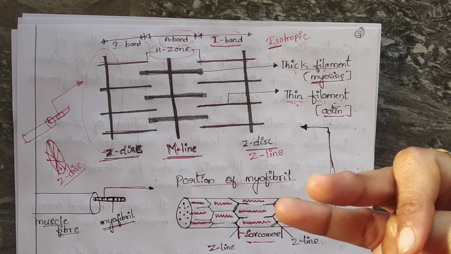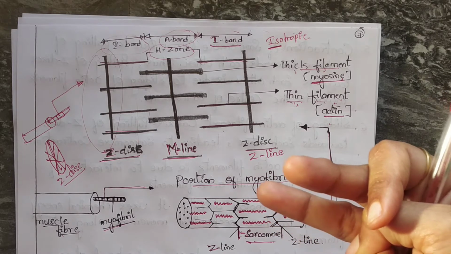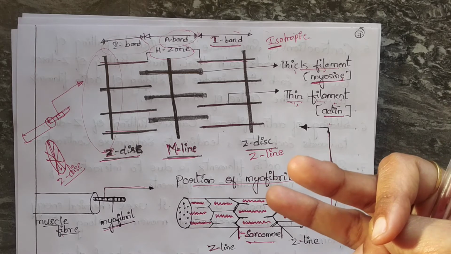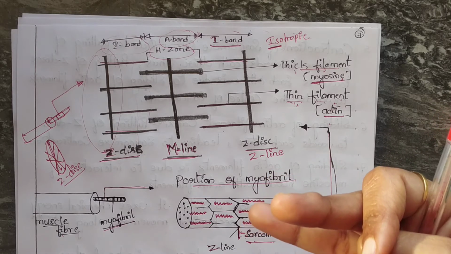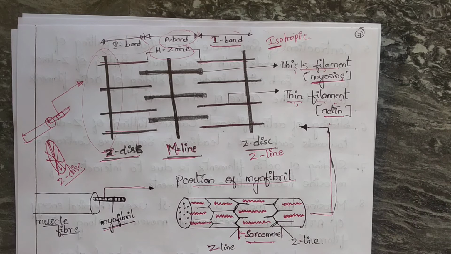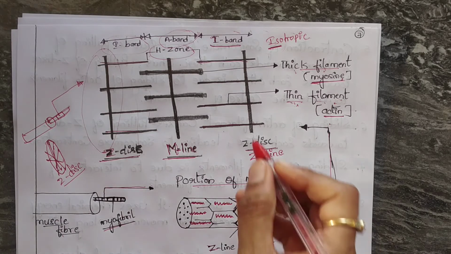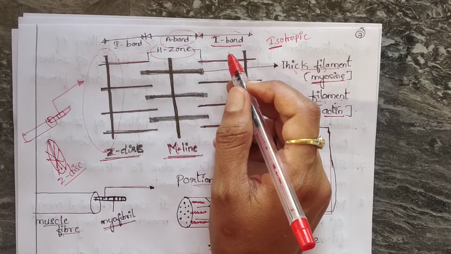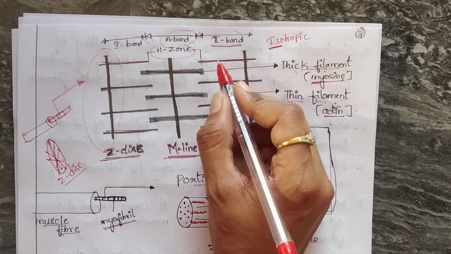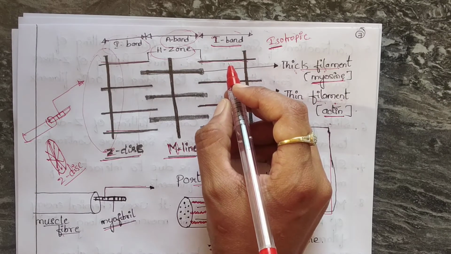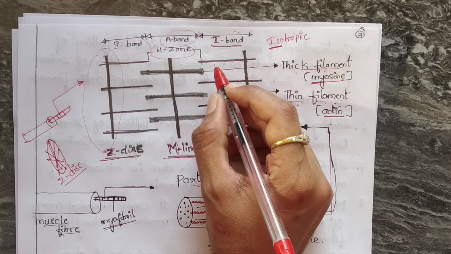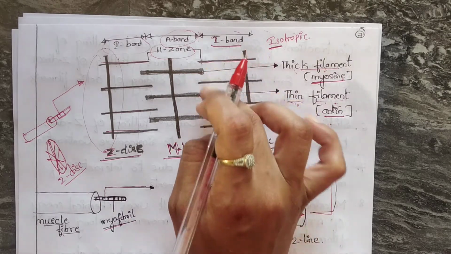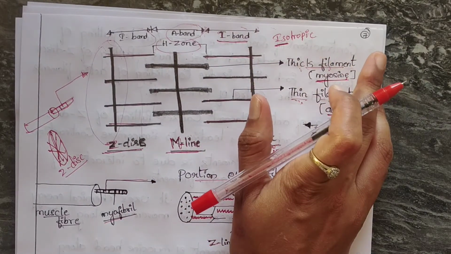Let us know why these are named I band, A band and H band. The reason is that when we observe through the polarized light microscope, when polarized light passes through this region, its velocity is the same.